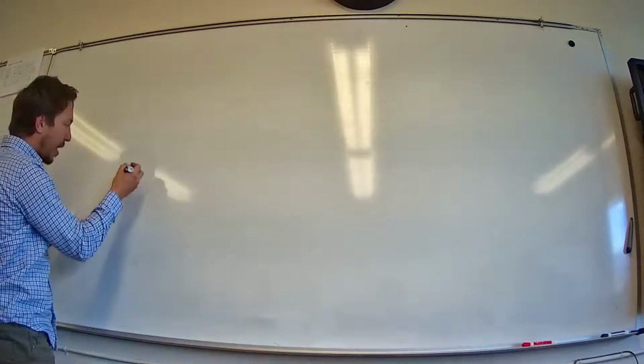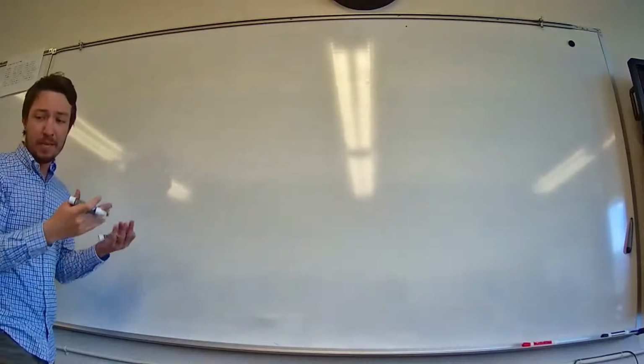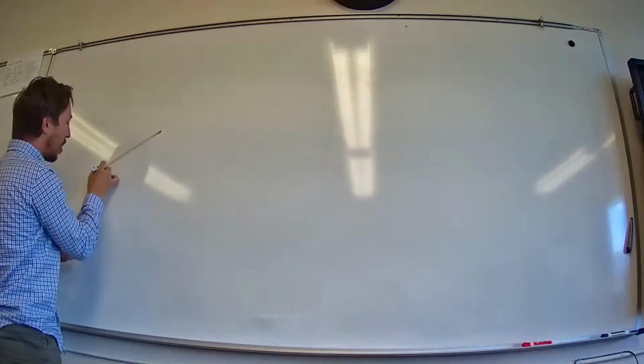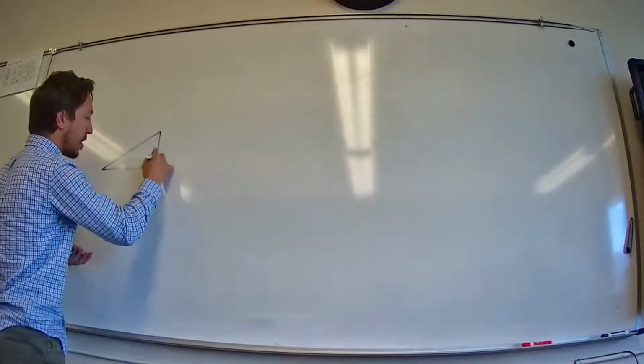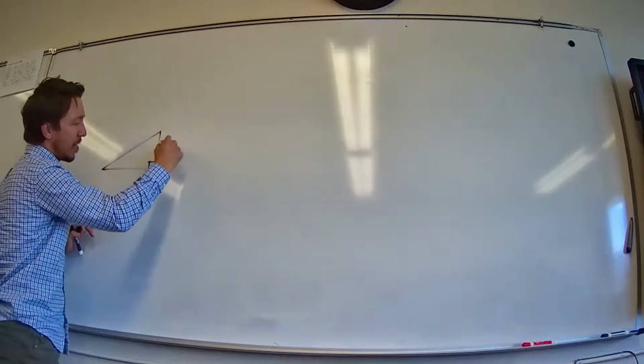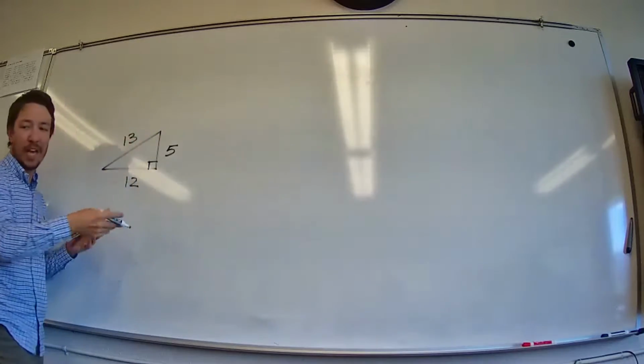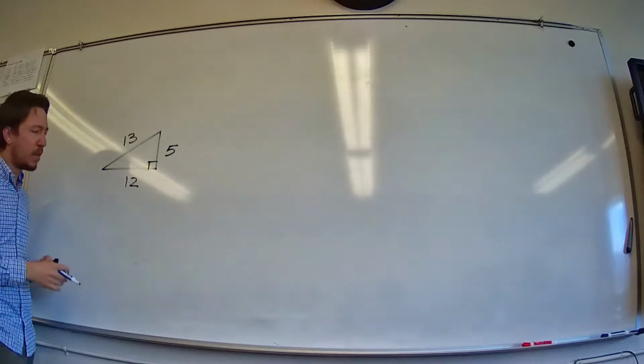So triangles, way back in the day, you learned about similar triangles. For example, here's a really nice one. You can make a right triangle that has side lengths of 5, 12, and 13. That's a Pythagorean triple.